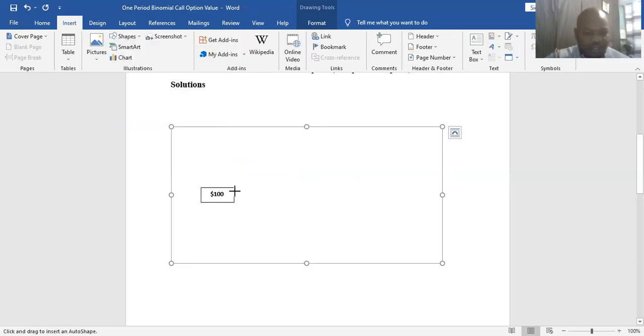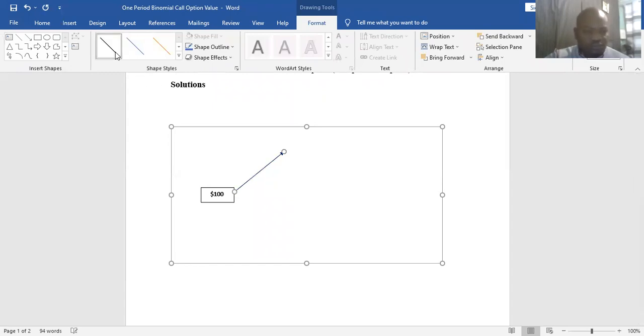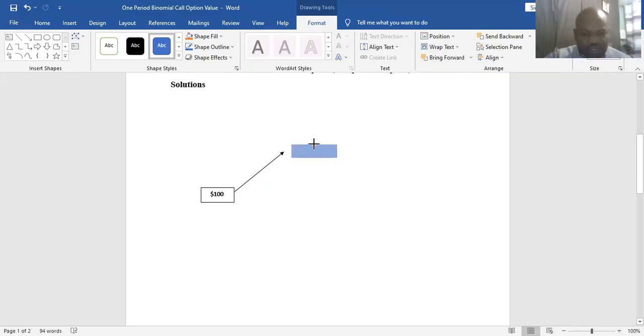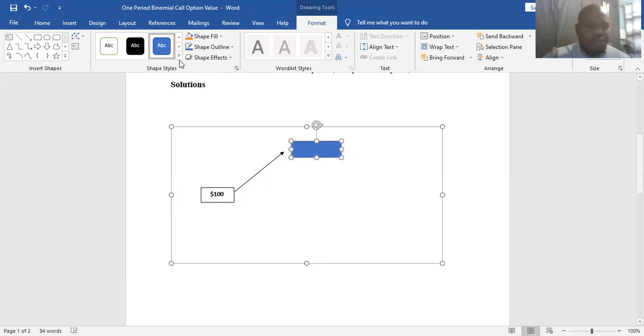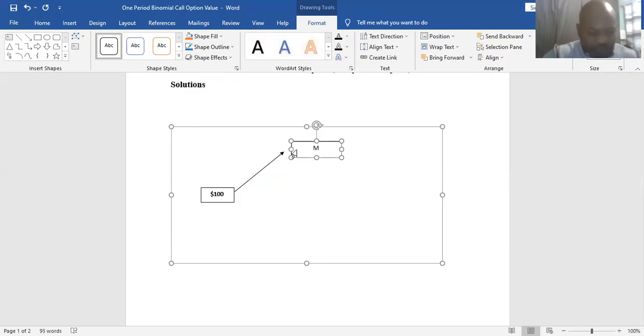So let's show the upswing. When the price goes up, it will look like that. Now, when calculating the value of the call option, we assume that it's either the maximum or 0, meaning it can never be a negative number.